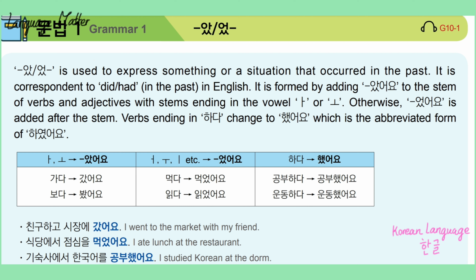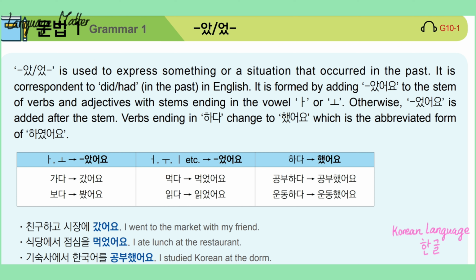If we put that together, it's 았어요 or 었어요. And then there's the special verb 하다. If you want to say made or did something, what do you need to add? 했어요. If you can get this, you're doing great.